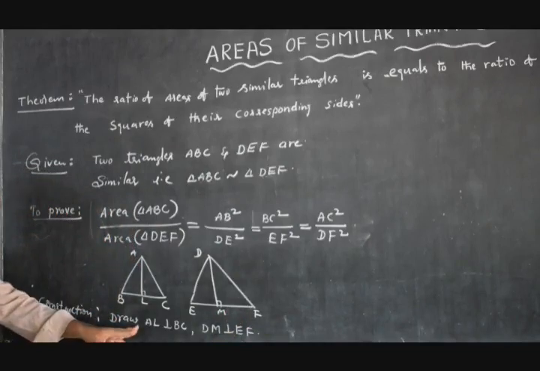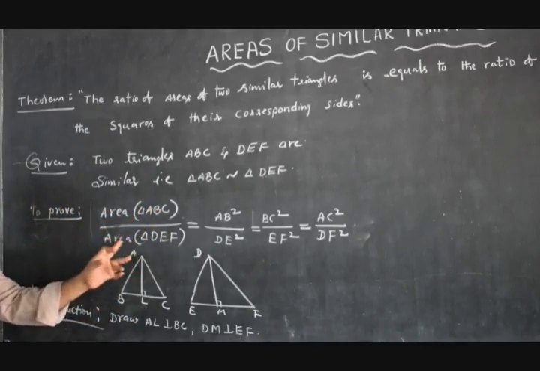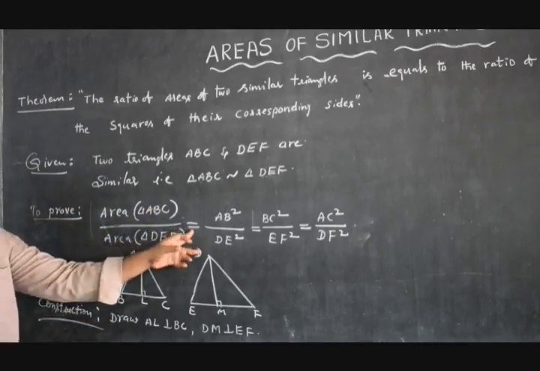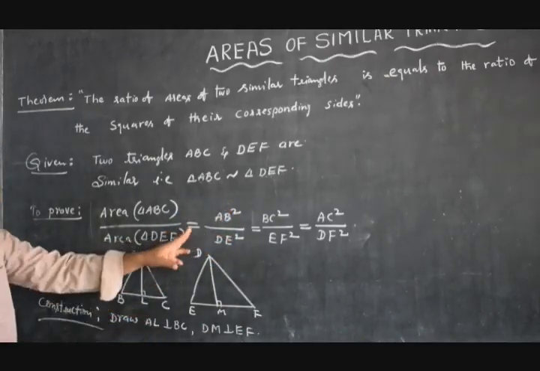By taking this construction, we can prove that area of triangle ABC by area of triangle DEF is equal to the ratio of squares of any two corresponding sides. Now let us have the proof.